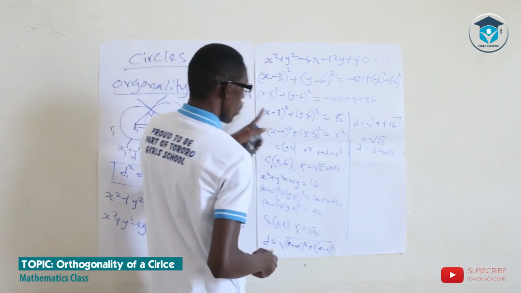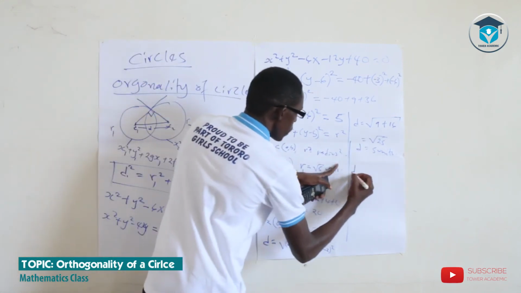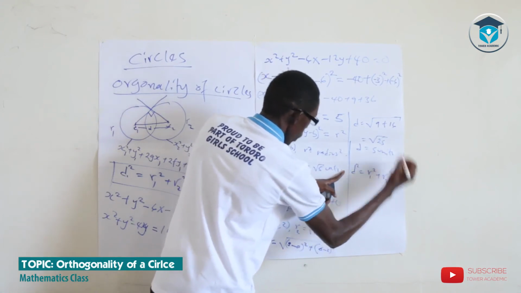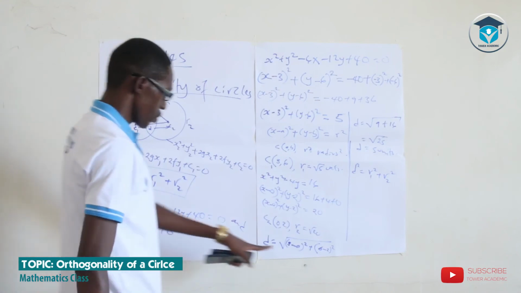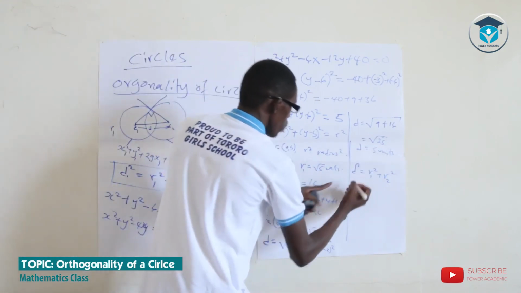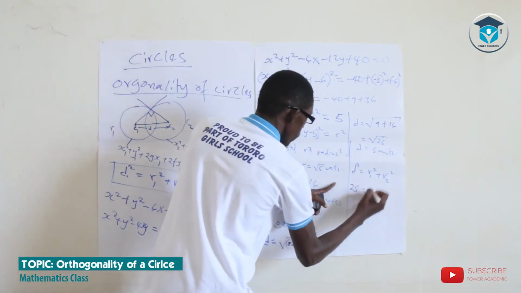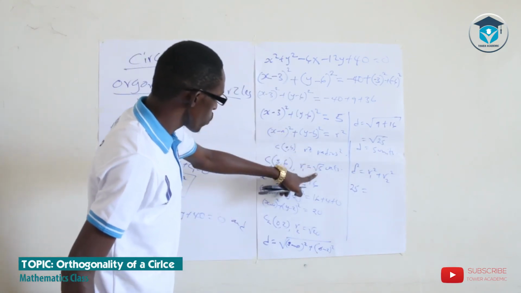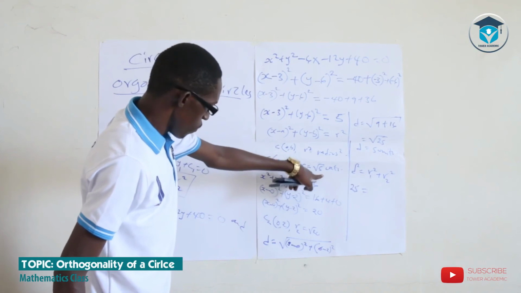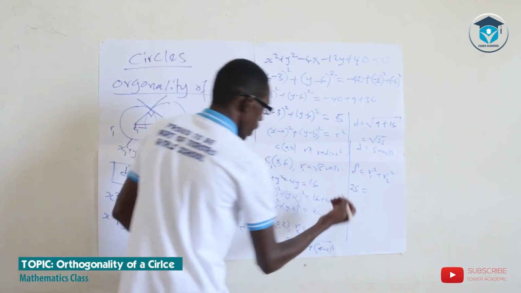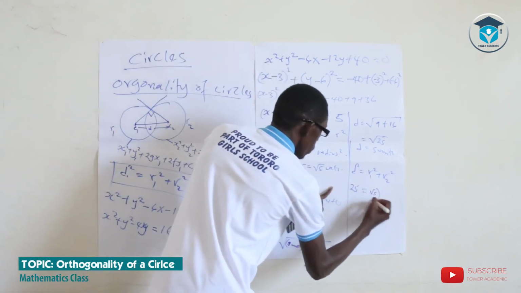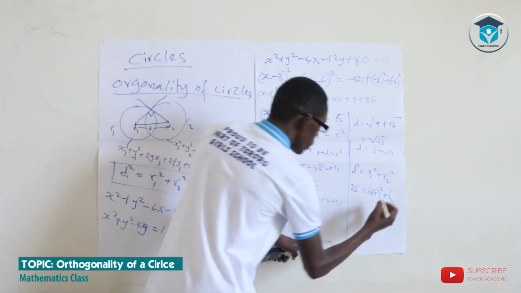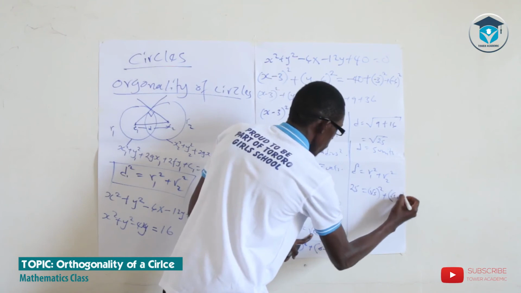So we put it in the formula that d² must equal r1² plus r2². Our d we have just seen is 5, so we put 25 equals r1, which we had got as root of 5, squared, plus our r2, which we had got as root of 20, also squared.